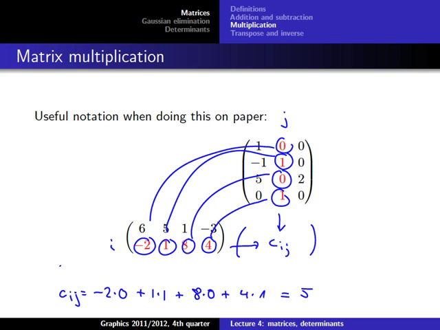If the first is MA cross NA, and the second is MB cross NB, of course NA and MB have to be the same values, and the resulting matrix has dimension MA cross NB, the number of rows of the first matrix and the number of columns of the second matrix, which is NB. I wrote it correctly, but said it wrong. Good.